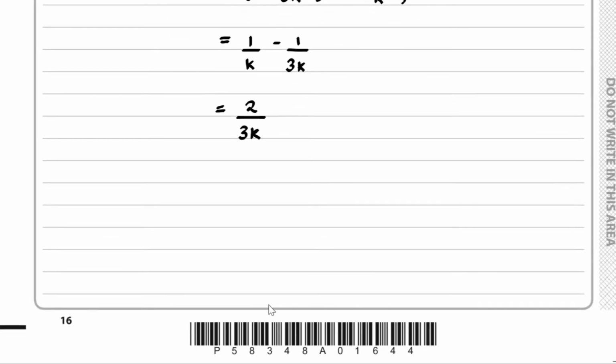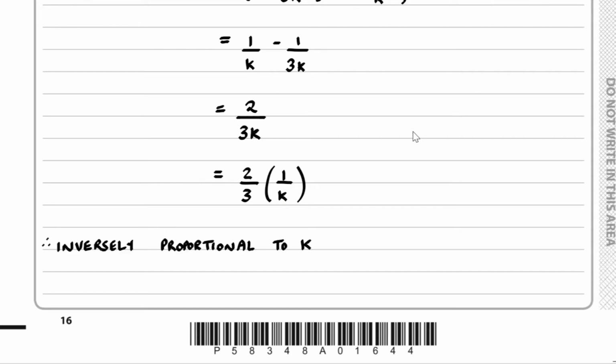And 2 over 3k is the same as 2/3 multiplied by 1 over k. You can think of the 2/3 to be the constant of proportionality. And so the result is inversely proportional to k.